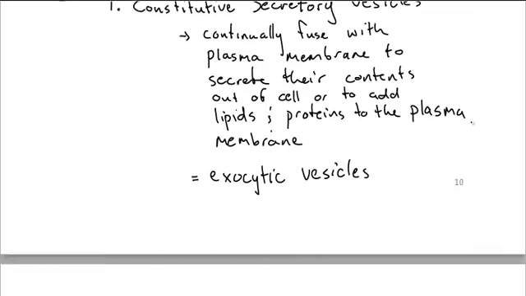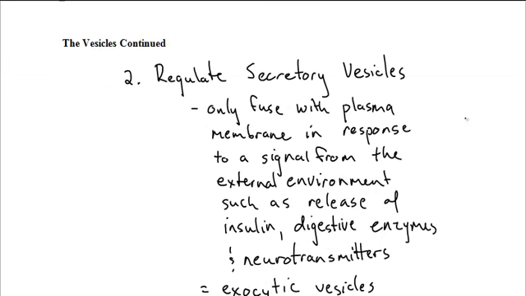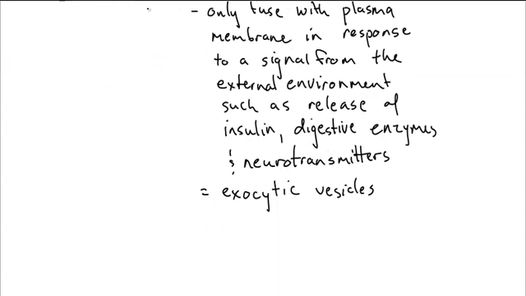Now, because I know you guys are brilliant, and we have exocytic vesicles that move things out of the cell, what other type of vesicles do you think we also have? Yes, I know I could trust you to be brilliant. The opposite of exo.